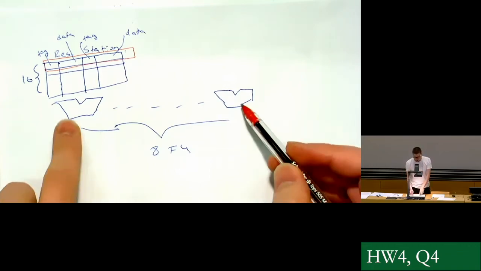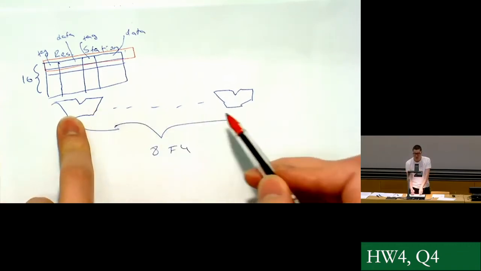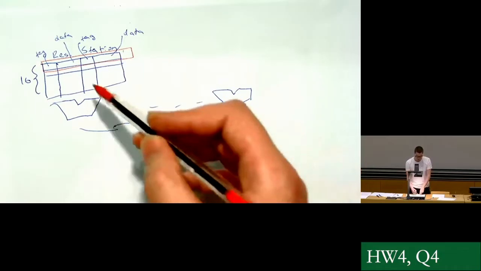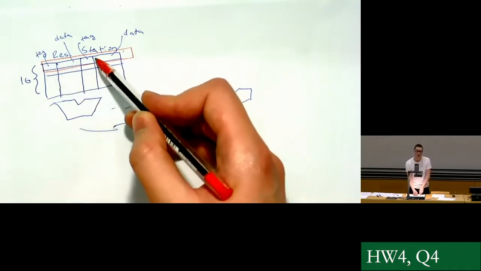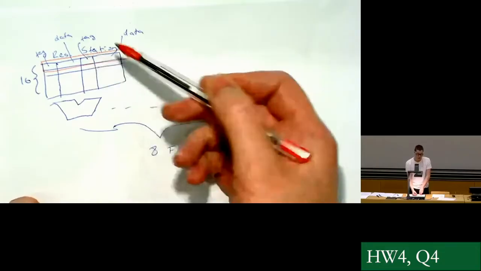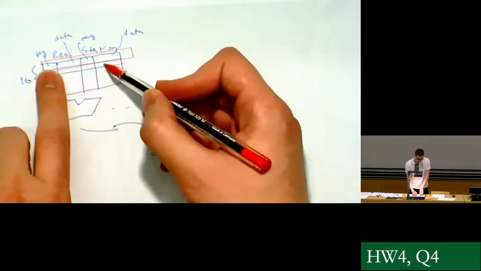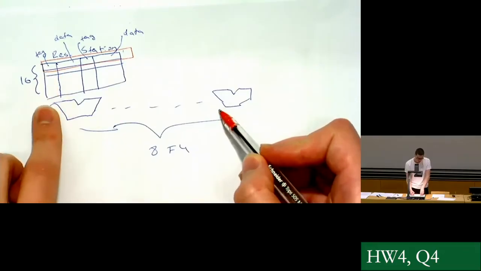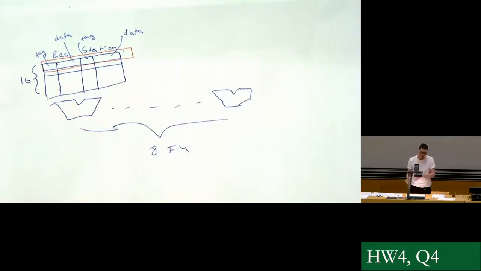Because in the same cycle, each of those 8 functional units can produce a result. And this result needs to be compared with each of the tags in the reservation station entry. So we have 2 tags here, and we have 8 functional units. So basically, we will need 8 multiplied by 2 tag comparators.